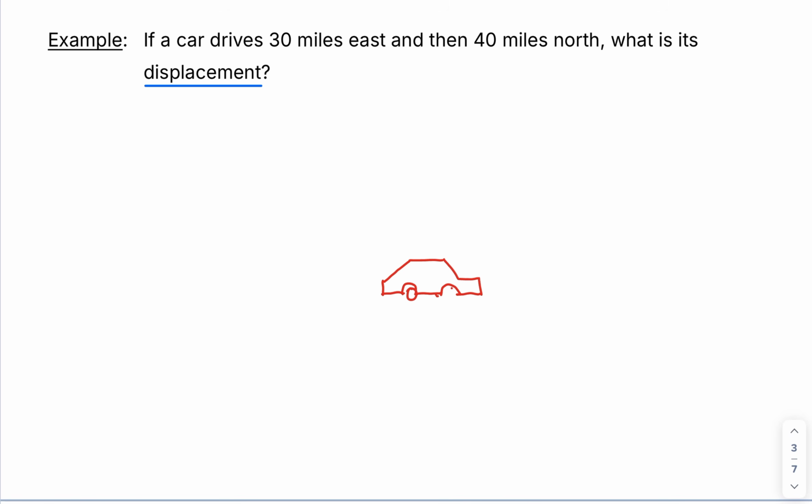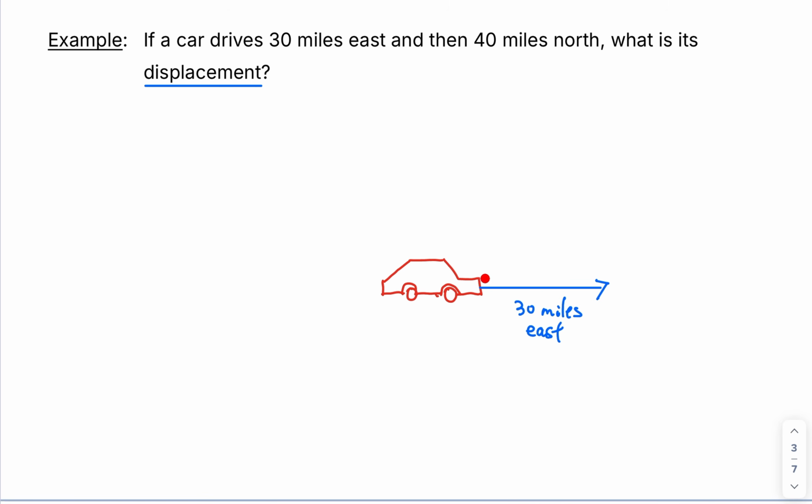Here's the car, and it drives east for 30 miles. So that is 30 miles, we're going to say 30 miles east. And by the way, this arrow that I drew is a vector. And this vector is important.